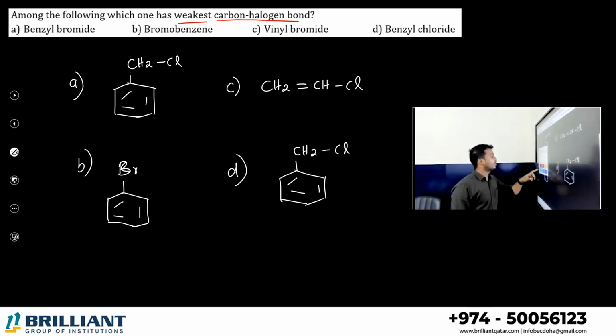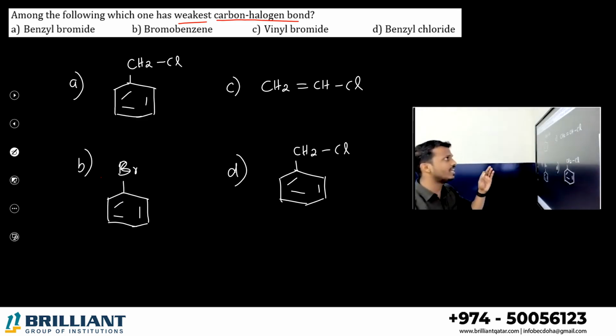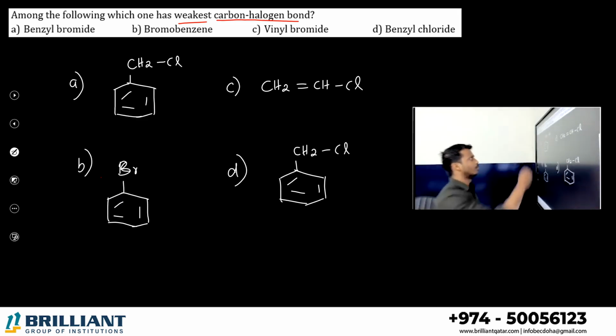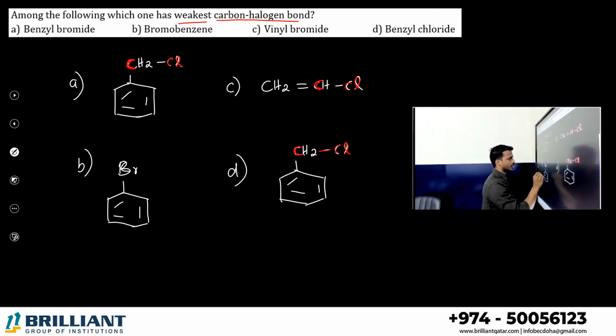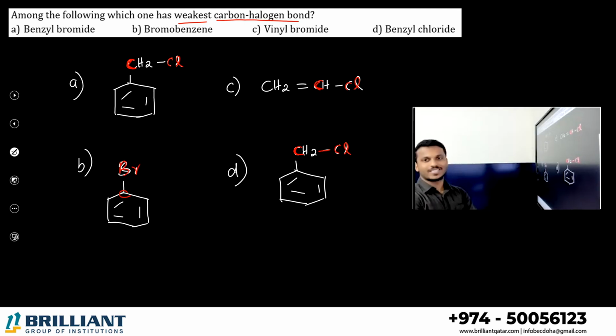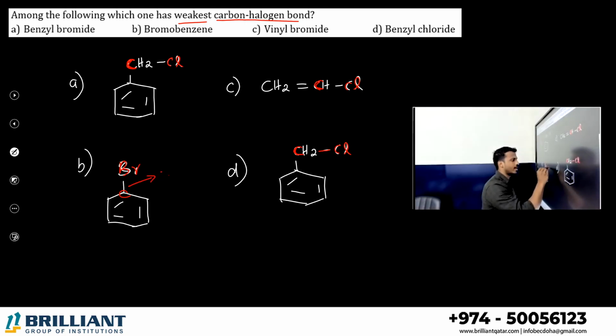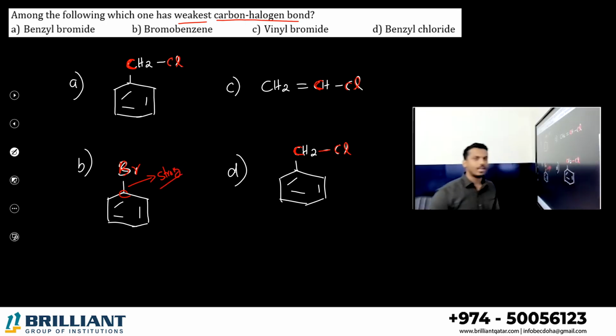Which among the following has the weakest carbon halogen bond? This is the carbon halogen bond here, here, here, and here. Where can you find the weakest? How to identify? No doubt this is the strongest, right? In haloarene, it will undergo resonance, so there will be a partial double bond.